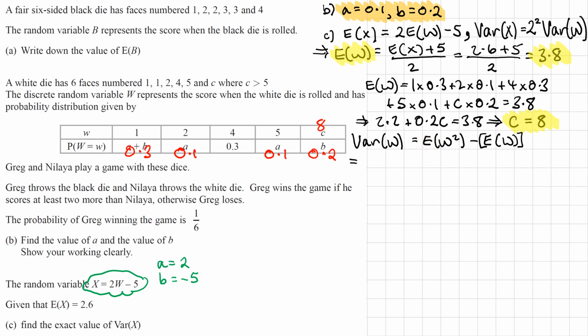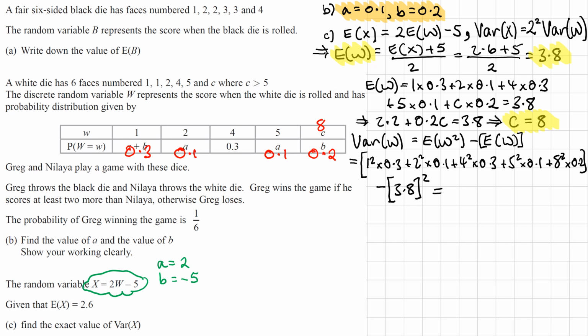So that's going to be 1 squared times 0.3 plus 2 squared times 0.1 plus 4 squared times 0.3 plus 5 squared times 0.1 plus 8 squared, what we've just worked out for C, times 0.2. That's E of W squared. Minus the mean squared, so we're going to be subtracting 3.8 all squared.